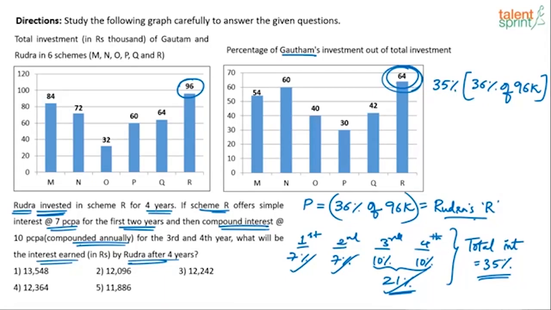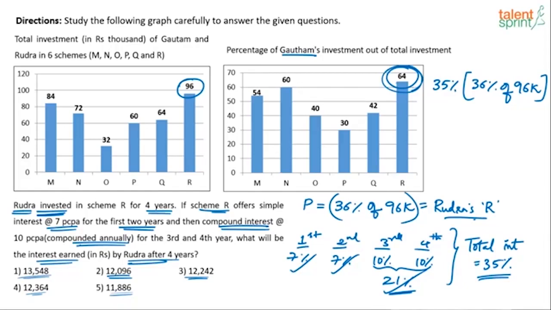But since the options are close, you have to do a proper calculation. Like 12,096 and 12,242 and 12,364 are actually pretty close for the kind of range that we have here. Yes or no? So you have to be cautious when you're doing the calculation.